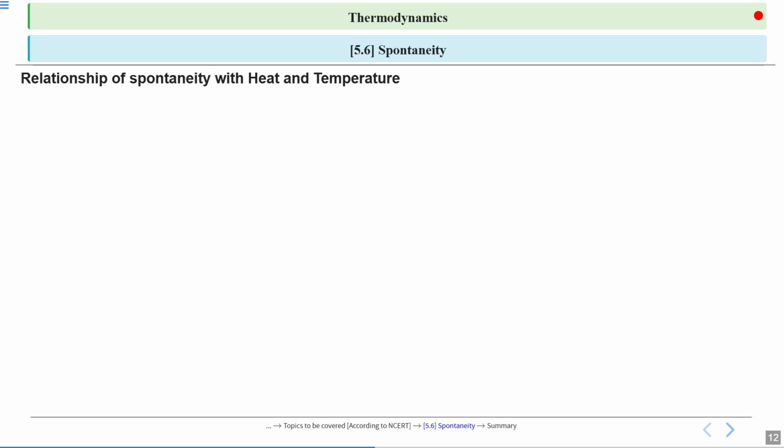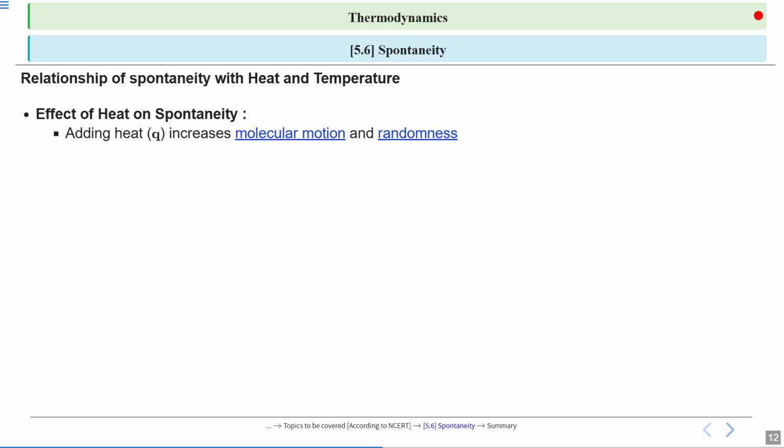Now, what is the relationship between spontaneity and heat and temperature? To describe spontaneity in terms of a mathematical equation, we need some dependency on some variables, and those variables are heat and temperature. So it is seen that if you are adding heat to a system, then its molecular motion will increase, right?